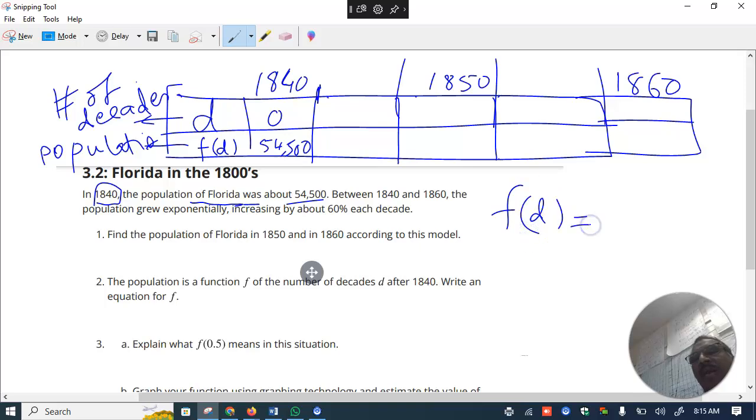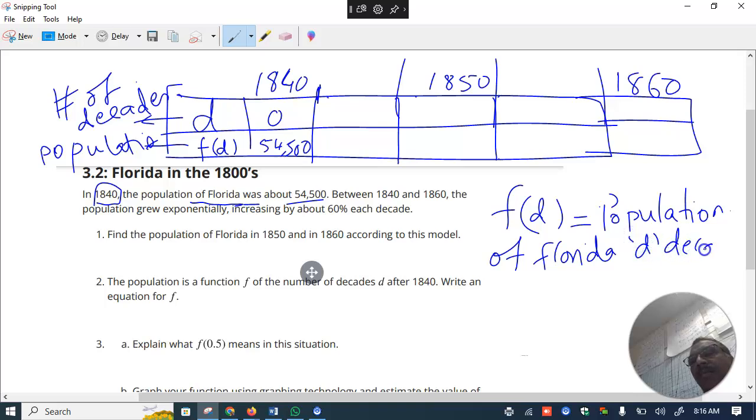So f of D is the population in the state of Florida, where D is the number of decades since 1840. Is that correct? So 1840 is the beginning where the population was 54,000.